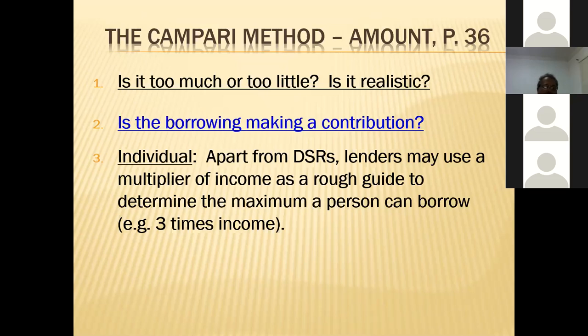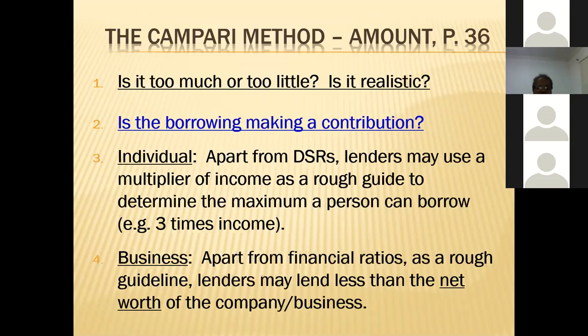Okay, for businesses, apart from financial ratios, as a rough guideline, lenders may lend less than the net worth of the company or business. So if the company has a net worth of $250,000, the lender may say we're not prepared to lend you more than $250,000.